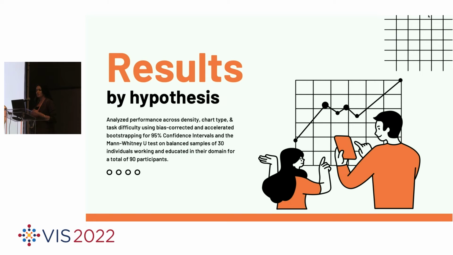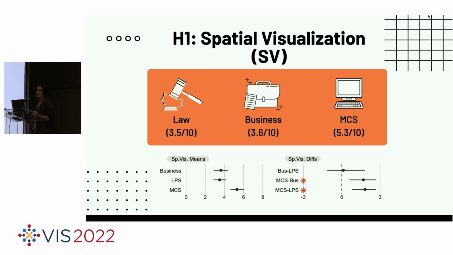We analyzed performance across density, chart type, task difficulty, over our different balanced samples of our domains, over 90 participants. So we found that lawyers and business participants had similarly low levels of spatial visualization compared to math and computer scientists who had higher levels.